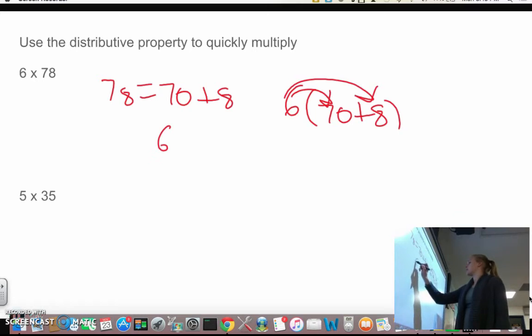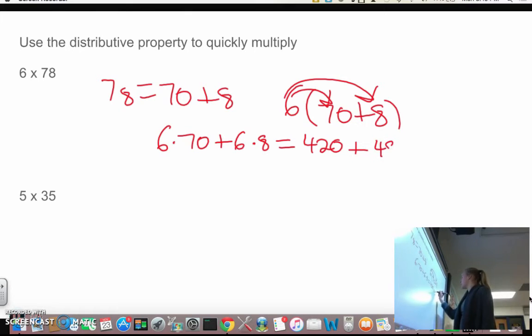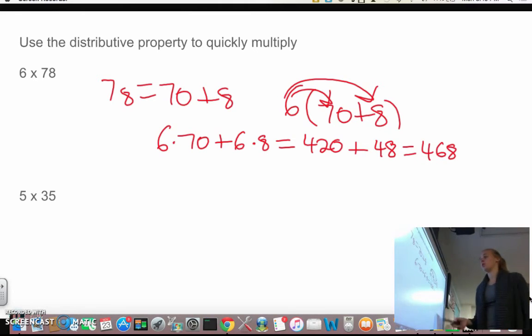So we get 6 times 70 plus 6 times 8, and that should give us 420 plus 48, which should be 468. You can double check that using regular multiplication if you'd like. All right, try the next one on your own.